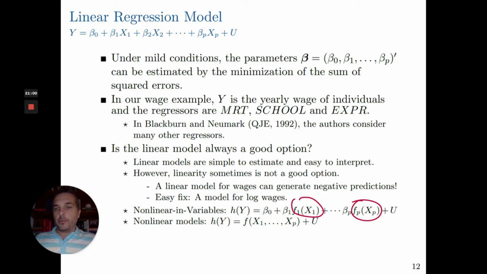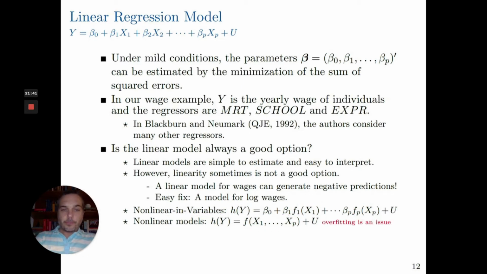We call this model nonlinear in the variables, but linear in the parameters, because you can write it as a linear function of these transformed variables. Or you can go much more flexible and just say that you have a transformation of y which is a general nonlinear function of the x's. Okay? So this is a much more general model.